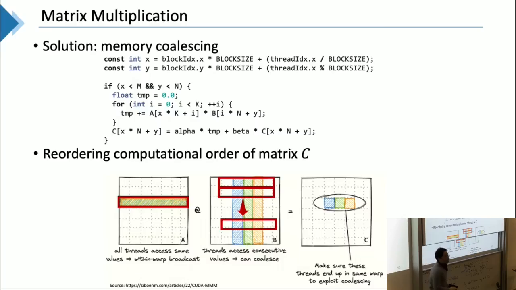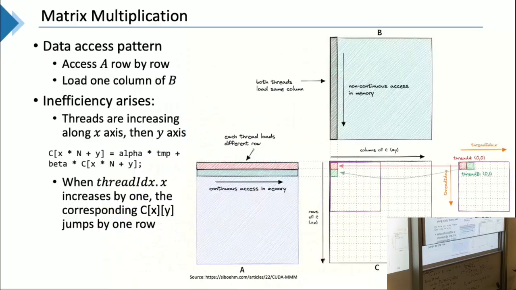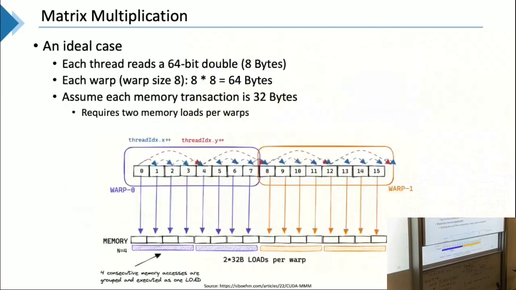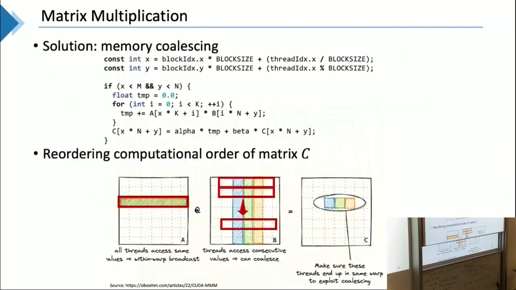In the original case, when we increase this thread index, we are accumulating the elements in the column by column dimension. However, if you do this trick, you will realize that now you are computing row by row.